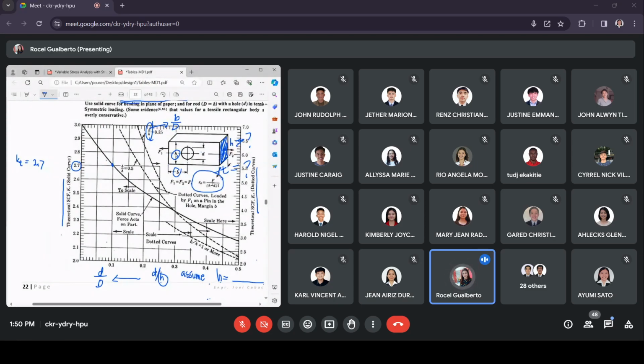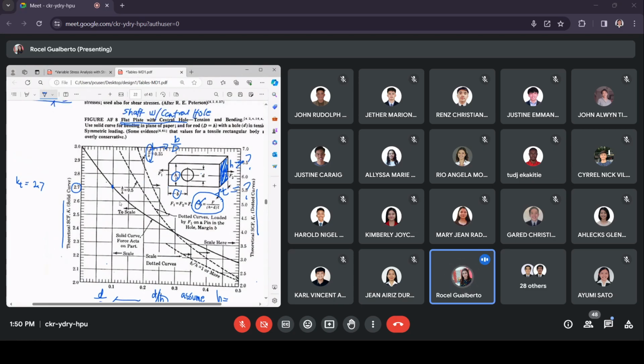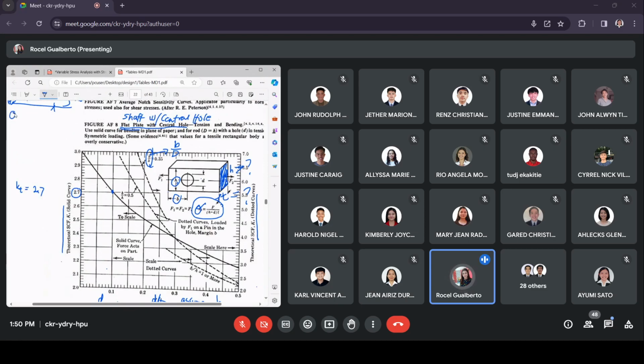You look at this part. This is your sigma. Sigma equal to force over H minus D times T. Yun po yung ipapalit natin ngayon doon sa equation po natin.